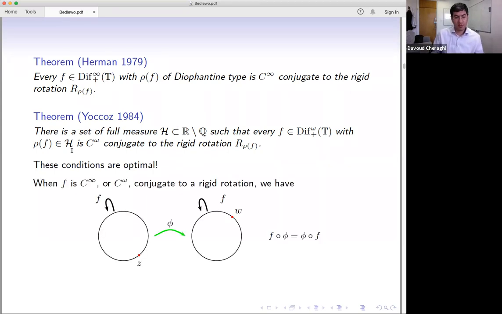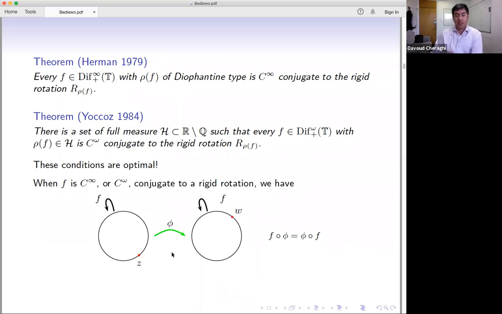So going back to my previous picture, when we do have these arithmetic conditions on the rotation number, we do have this C infinity or C omega conjugacy to the rigid rotation. I can repeat the same thing as I did in the previous slide and say that for any z and any w, there exists a map phi which sends z to w.